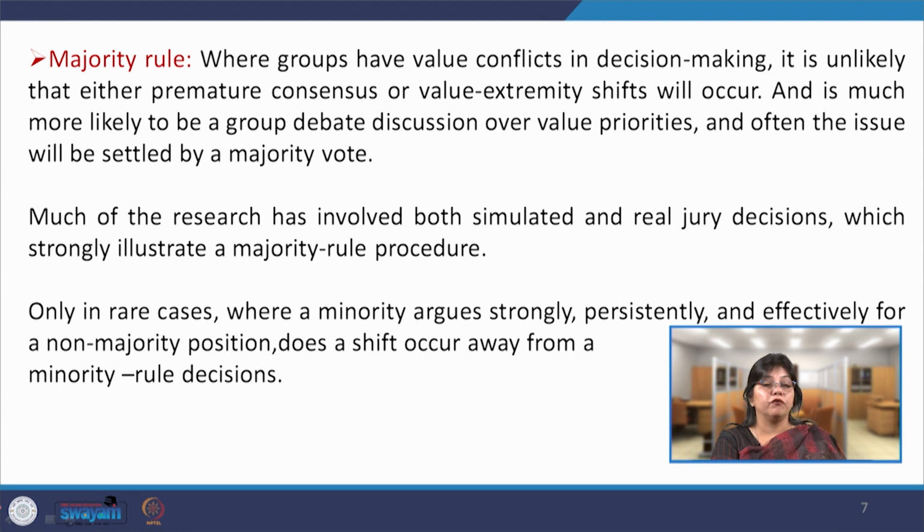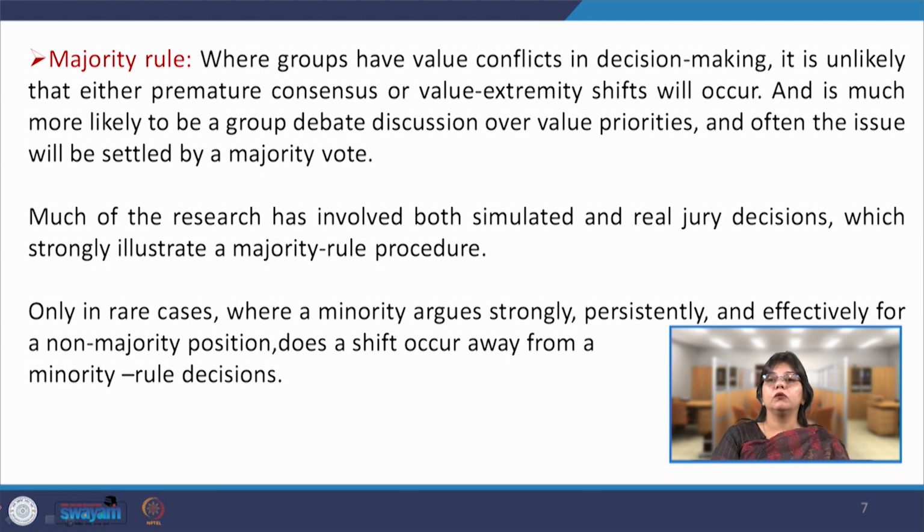This can happen: if majority rule wins over, then sometimes the minority also rules over the majority decision. Much of this research has involved both simulated and real jury decisions, which strongly illustrate a majority rule procedure. This becomes a very normal procedure in decision making by any leader, that if there are two parts, for and against any decision, then it can only be resolved based on majority rule.